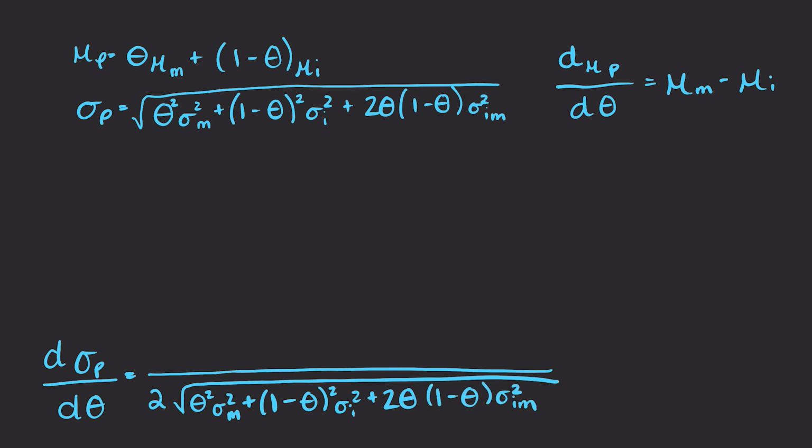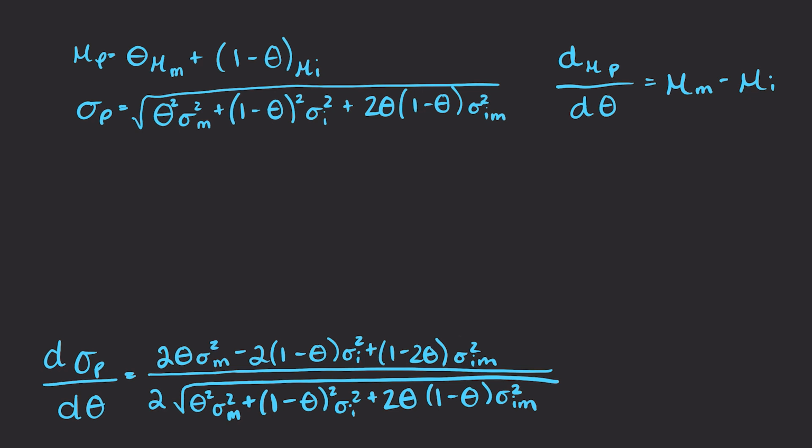And then up here, I'm once again going to find the derivative of the expression inside the square root, which is going to be 2 theta sigma squared m minus 2 times 1 minus theta sigma squared I plus 1 minus 2 theta sigma squared im.